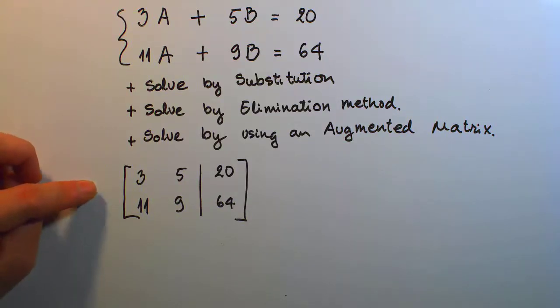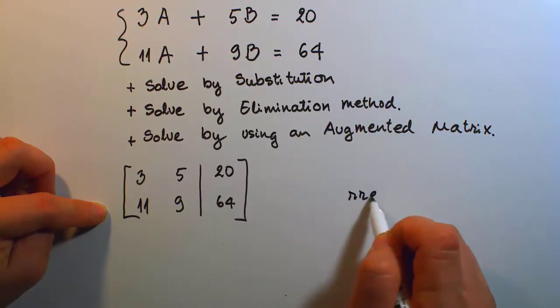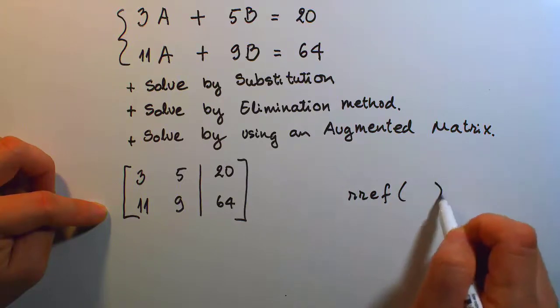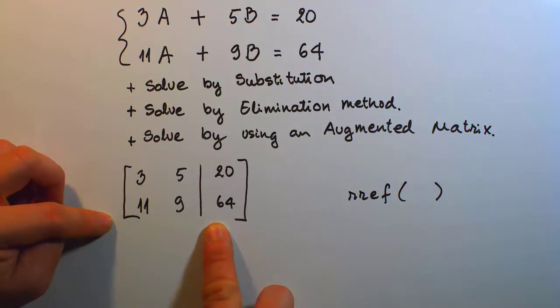We can use any online tool, a software program, or your standard TI-83 or 84 calculator. We have this RREF command to row reduce this augmented matrix, or we can row reduce it by hand.